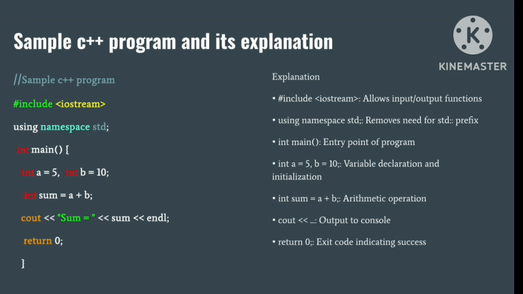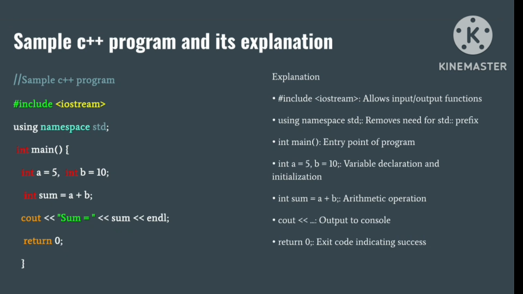First is hash include iostream, which allows input and output functions. It is a header file which is included. Then it is using namespace std, which gives all the standard names to the C++ program. If we do not write it, we have to write std as a prefix for every program element.